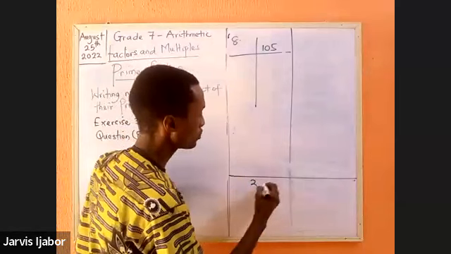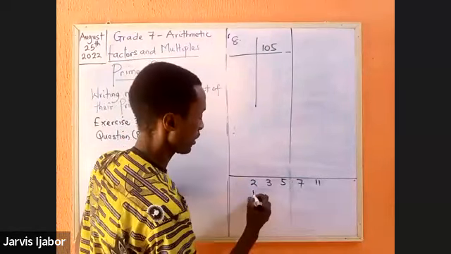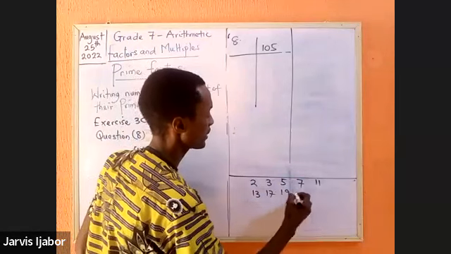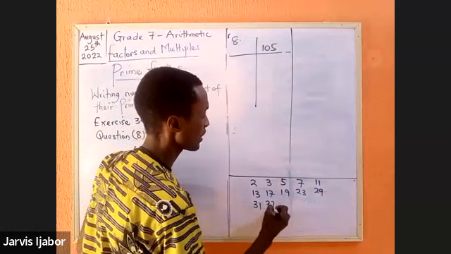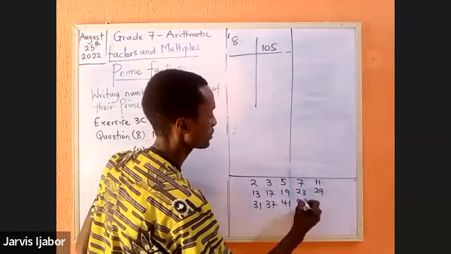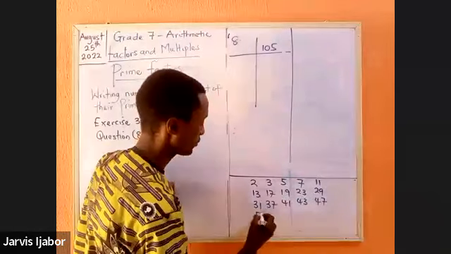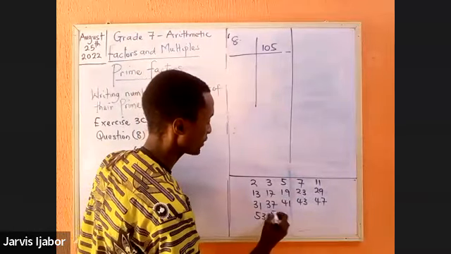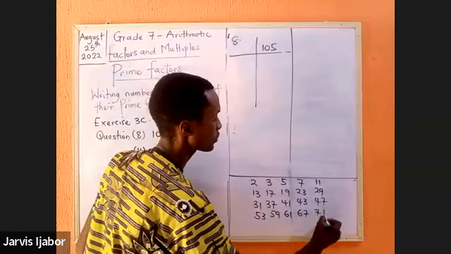And you have 2, 3, 5, 7, 11. You have 13, 17, 19, 23, 29. You have 31, 37, 41, 43, 47. You have 53, 59, 61, 67, 71.